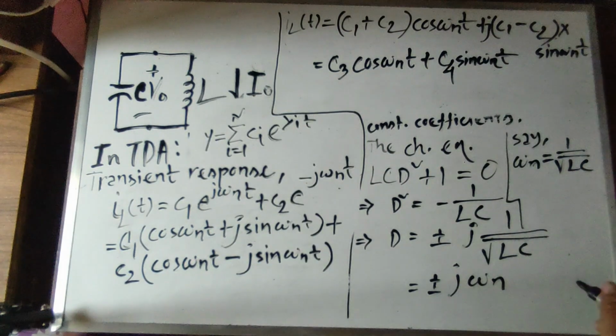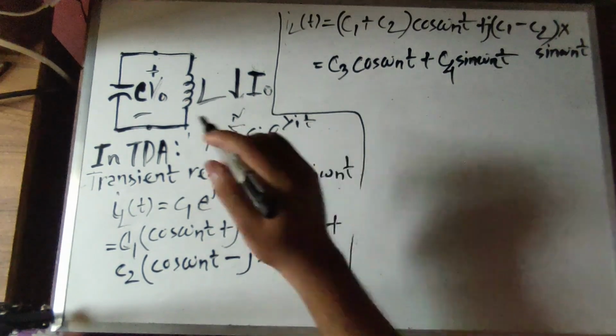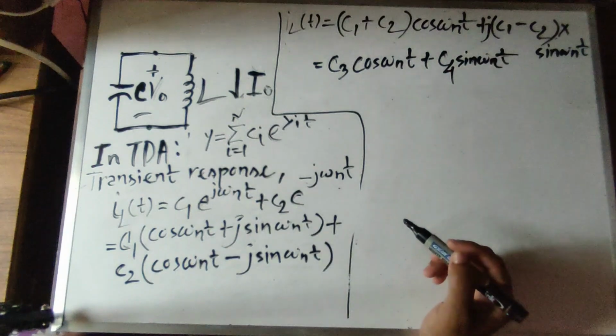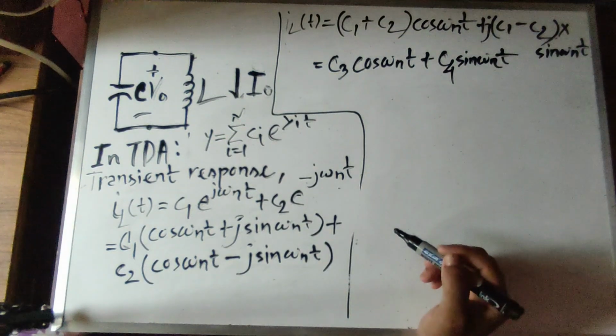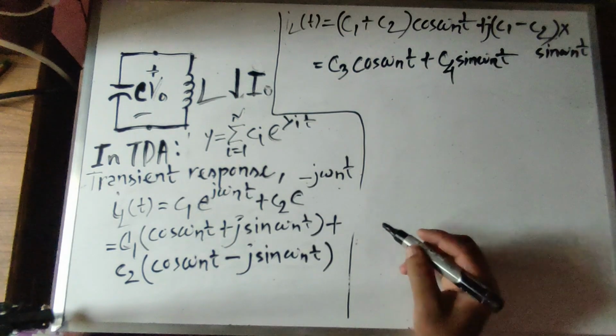We have to find the arbitrary constants, so let's get into that. Here we have assumed the initial voltage and current across the capacitor and inductor respectively.